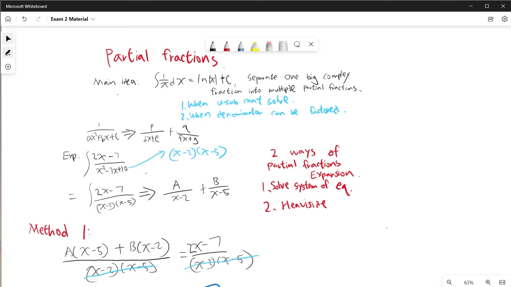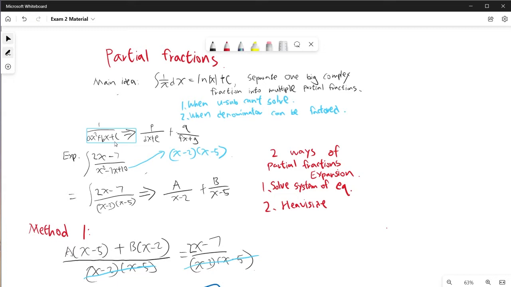So partial fractions is for when you have an integral whose denominator can be factored into simpler pieces, something over a lower power of x. For example, in the example in the middle here, we have an x squared, an x and a constant in the denominator.